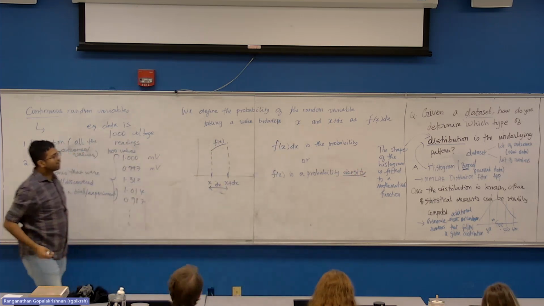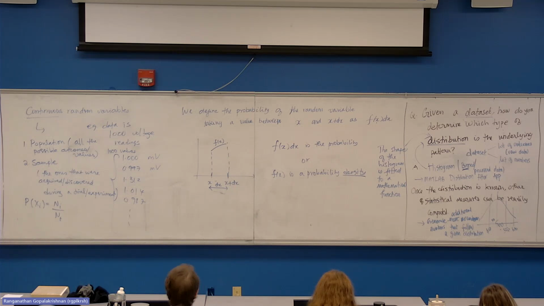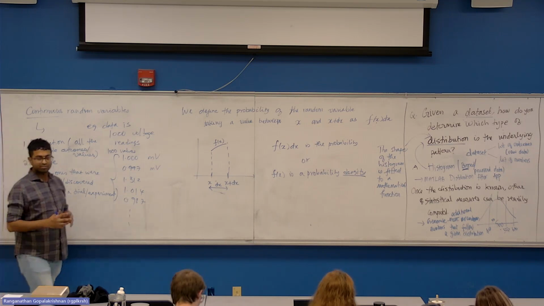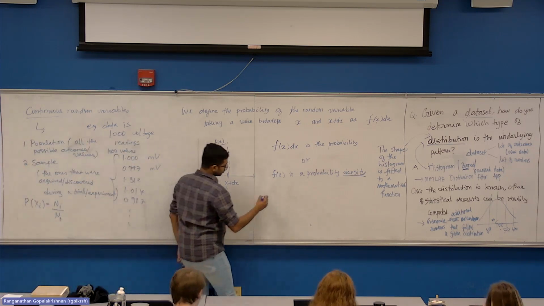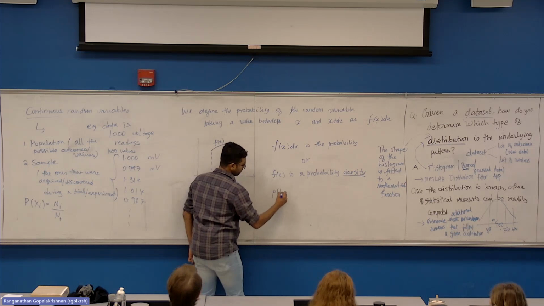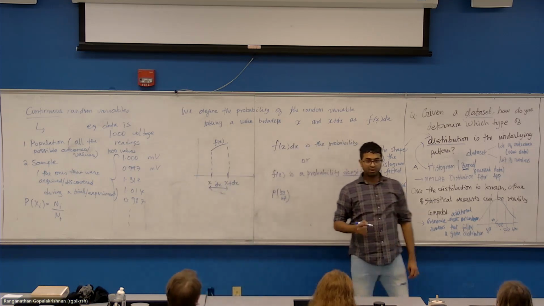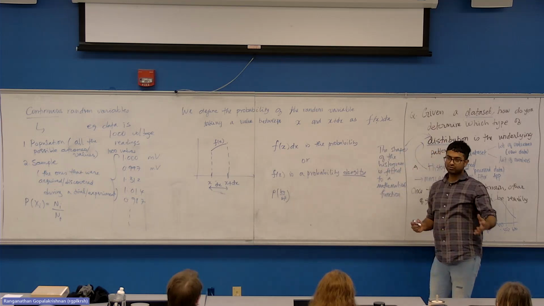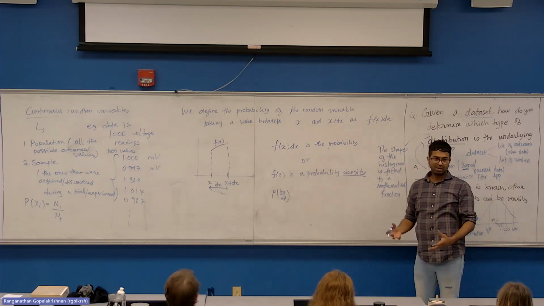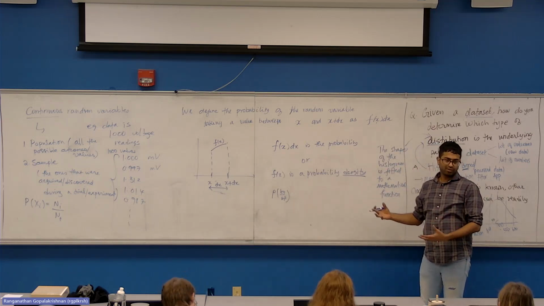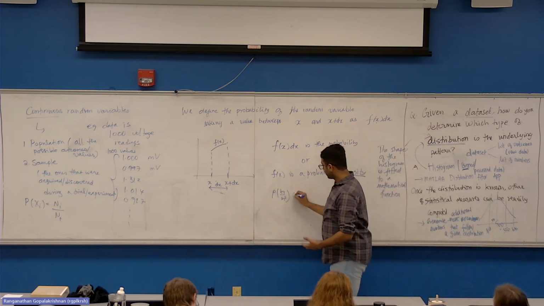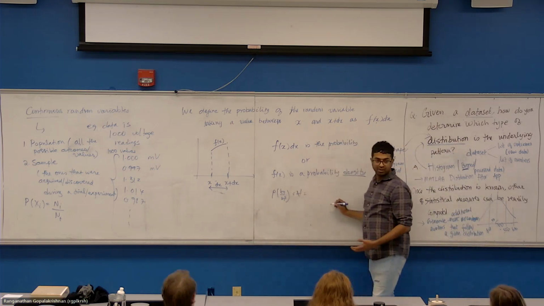What do I mean by density? What is your interpretation of the way I've written it? What is density, generally speaking? What are the densities that you know of? The amount of something in a given space. So you know the mass density, which is mass per volume. If I tell you the density of the air in this room and ask you for the total mass, you very well know this multiplied by volume gets you that.